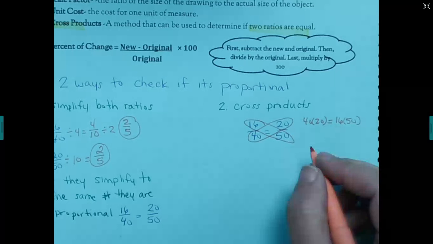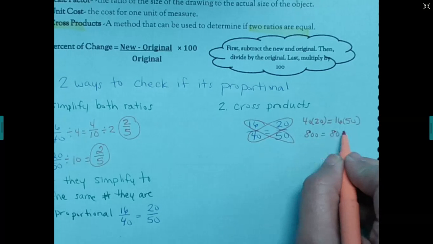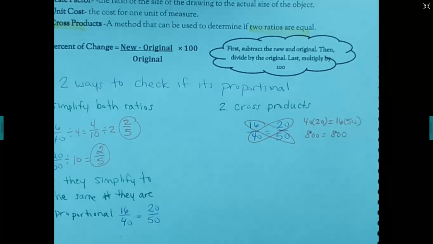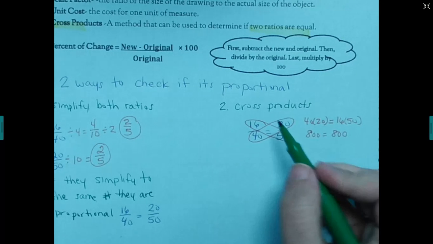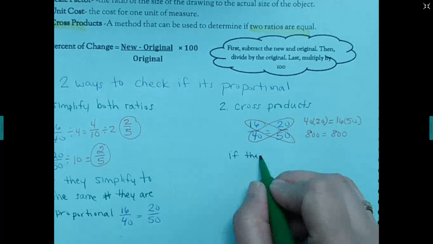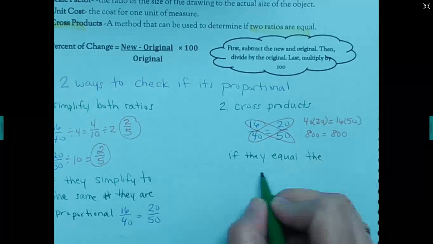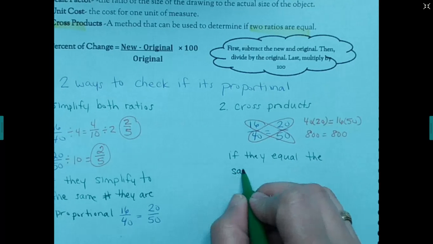So I'm going to save you time and tell you that this is 800 and that this is also 800. So when you multiply across, hence the word cross products, if they equal the same number, then it is proportional.